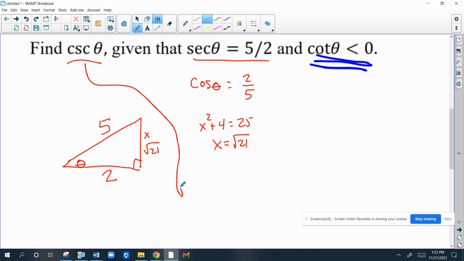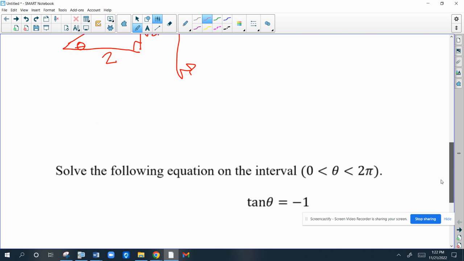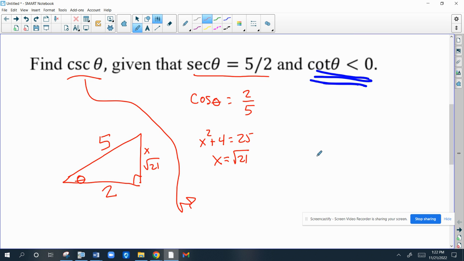Cosecant is the reciprocal of sine, and sine is, as we said before, opposite over hypotenuse. So cosecant is hypotenuse over opposite.